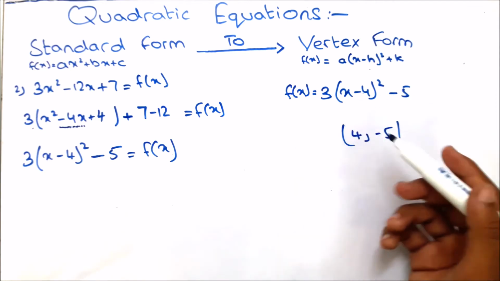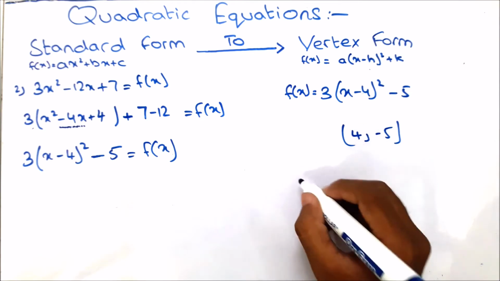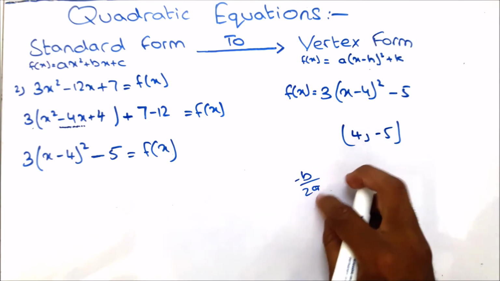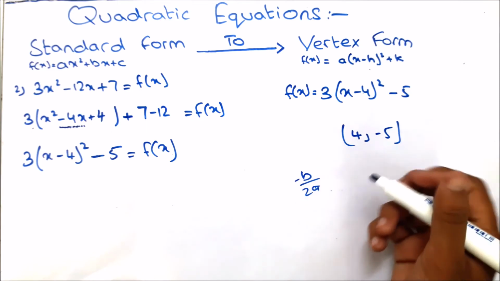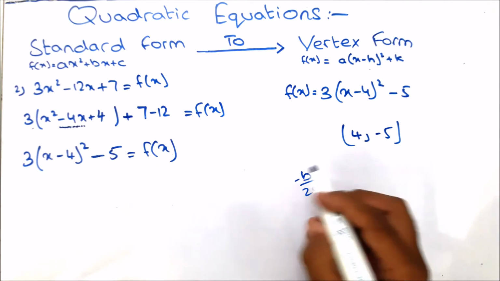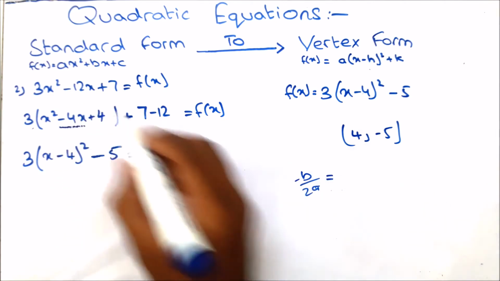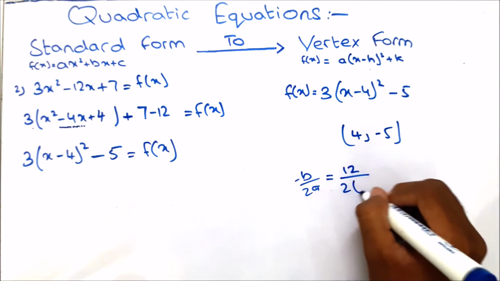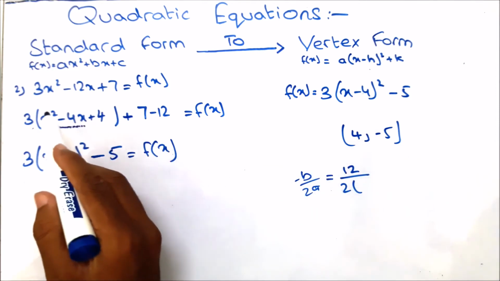Okay, another way of finding the vertex is the minus b over 2a formula. That's an easier way to do that. Minus b, we have minus 12 over here. Minus becomes plus. We have a positive 12 divided by 2 times 3.